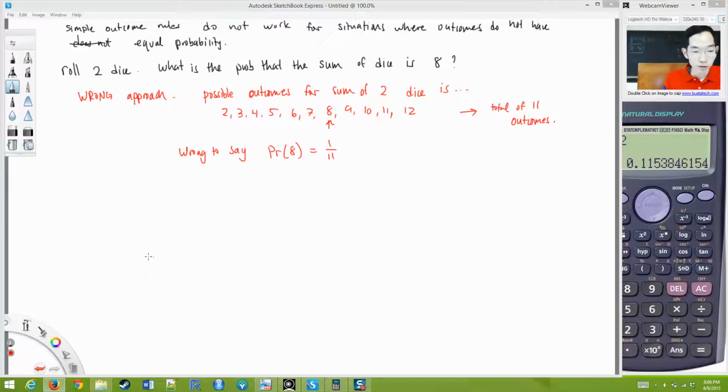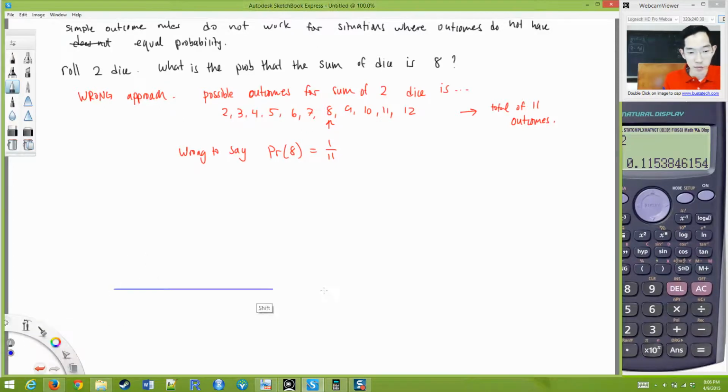So if we were to list off the possible outcomes, to get a 2, you can get a 1 and a 1. To get a 3, you can get, I'm going to have to draw better dice here, a 1 and a 2, and a 2 and a 1. And so on and so forth.